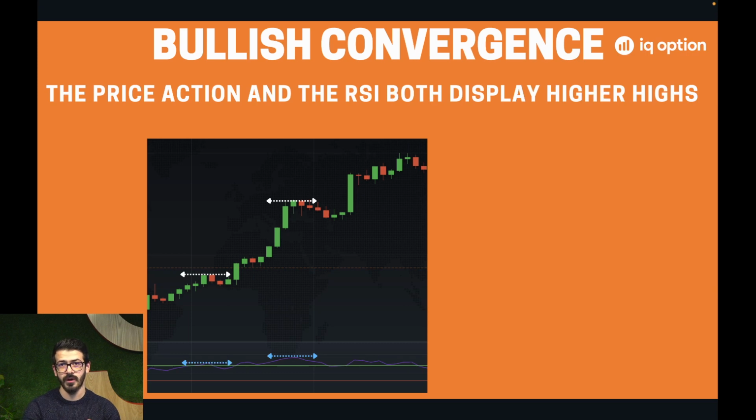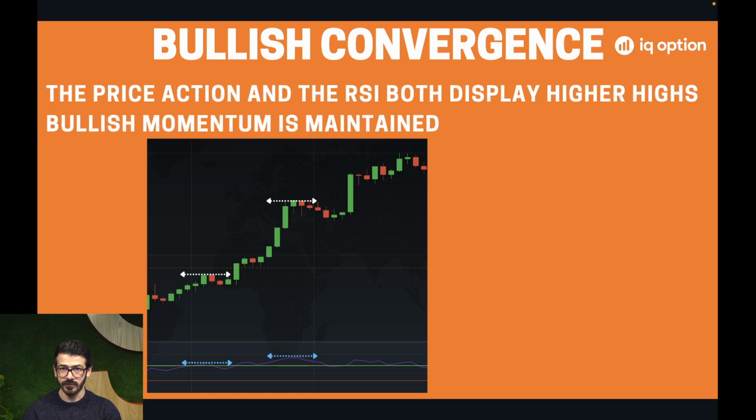Both RSI and price action are moving together in the same direction. Each one creates a new high, the other one follows with a newer high. Bullish momentum is maintained. So when we talk about bullish convergence, the momentum of the price action is going to continue in the same direction, which is bullish, as we can see here.